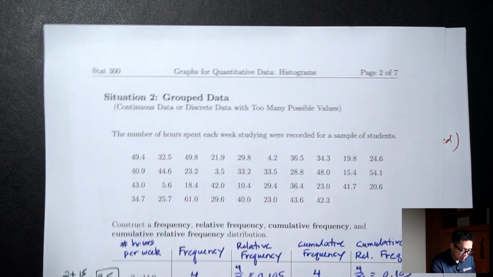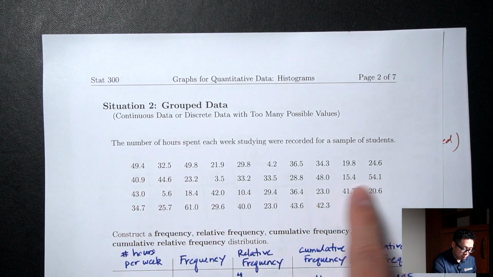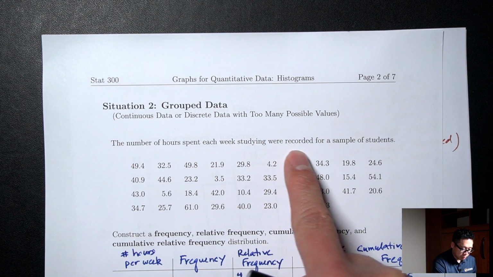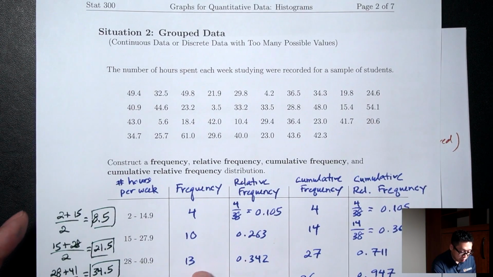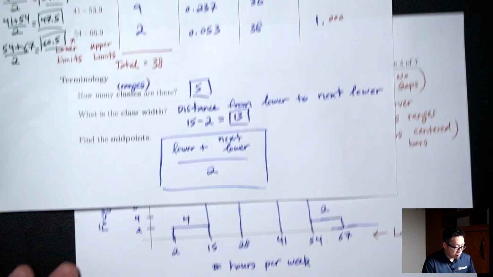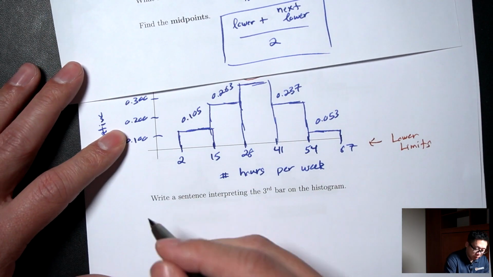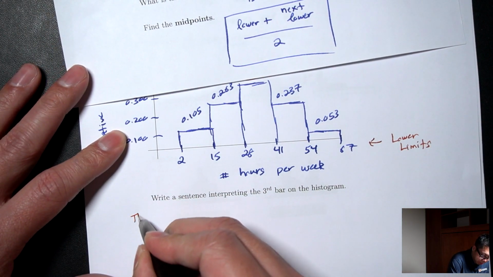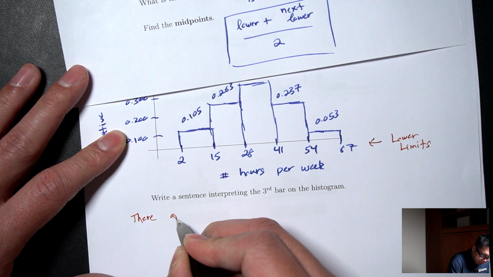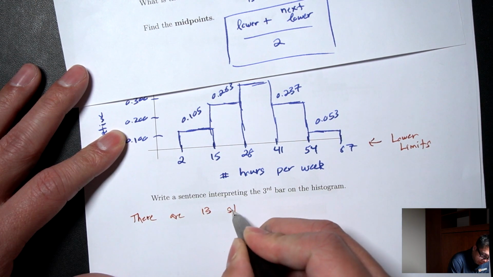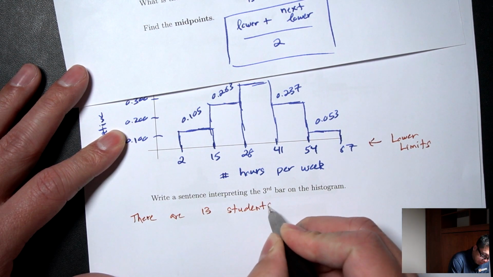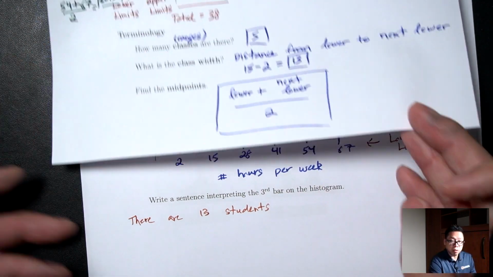What are we talking about here? These are coming from a sample of students, so there's 13 students. So the 13 is, there are 13 students. And what's special about these 13 students?